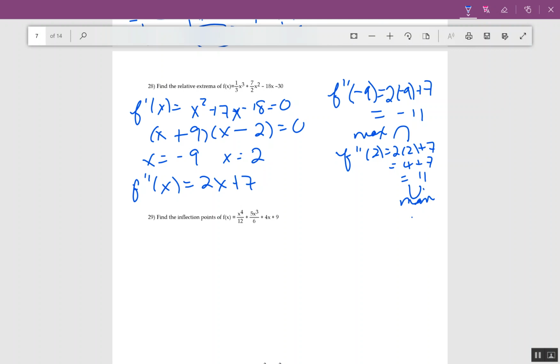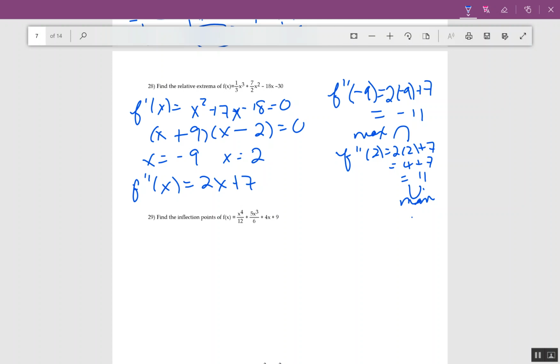I do think the best answer is to give me the actual points, so not just give me a coordinate. So I'm going to my calculator and I'm putting in the original function into the y equals. So I have a third of x cubed plus 7/2 of x squared minus 18x plus 30.